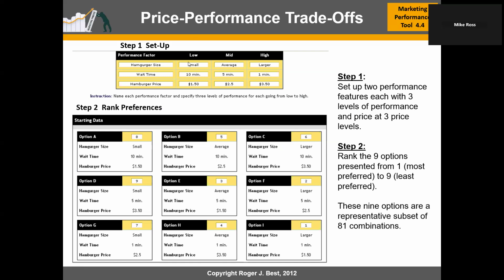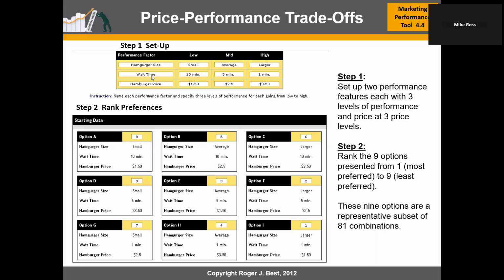Okay, so hamburger size, I could say small, medium, and large. Wait time 10, 8, 1. Hamburger price, a buck 50. Well, where could I get a $1.50 hamburger? I don't know. If I could, probably, yeah, it might be a little sketchy. $2.50 and $3.50.